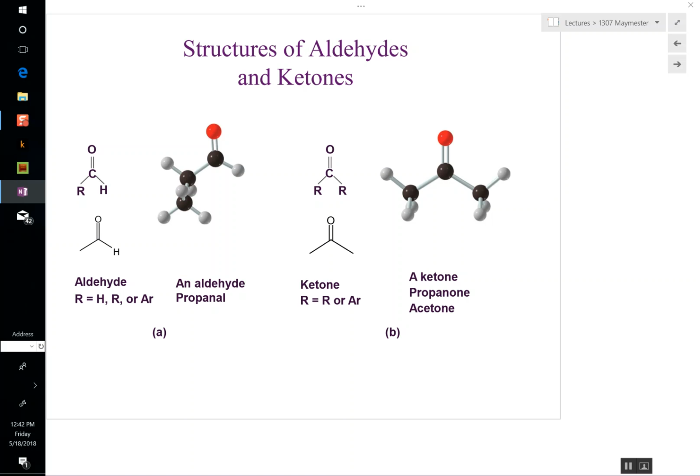It's almost never called propanone. It's almost always called acetone. Those of you in the lab this morning, we're rinsing out your test tubes with acetone, that compound right there. It's a very, very common solvent in a laboratory in general, an organic laboratory in particular.